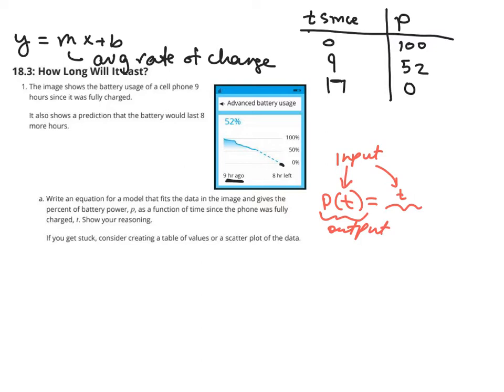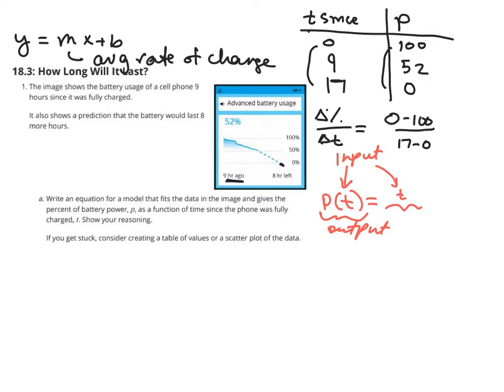The average rate of change between beginning and end is calculable. So if we do change in percent over change in time, we get 0 minus 100 over 17 minus 0.